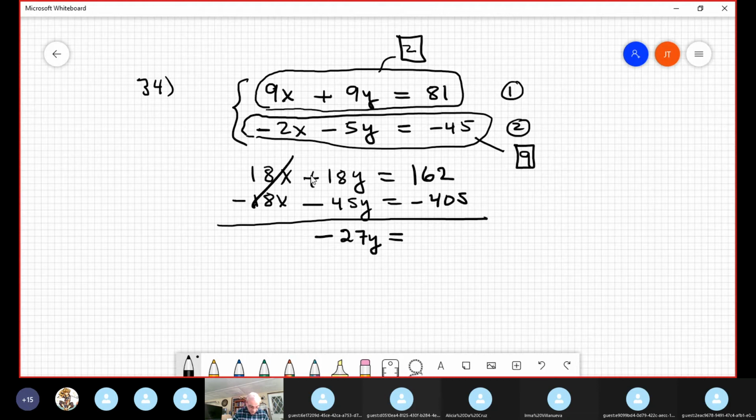And 405 minus 162 is negative again, 243, divided by negative 27 both sides. Wow, the long division is divided by 27 and 9. Wow, I like that. And 9, positive 9.